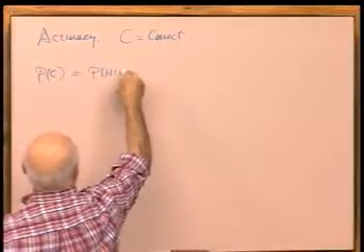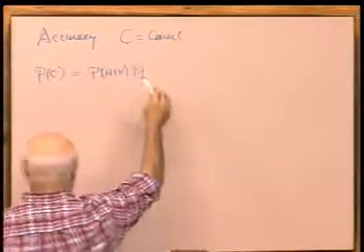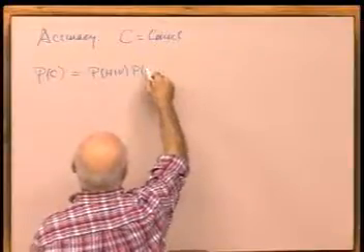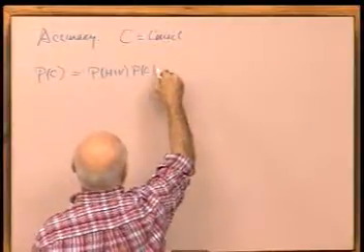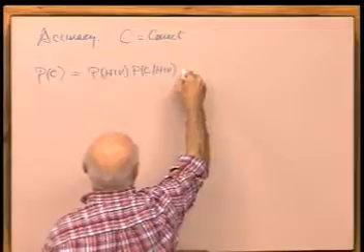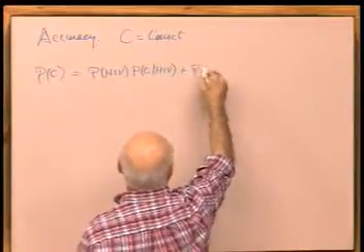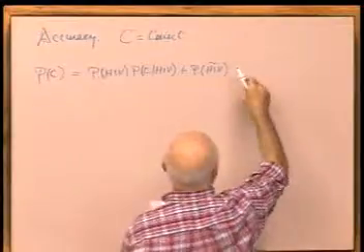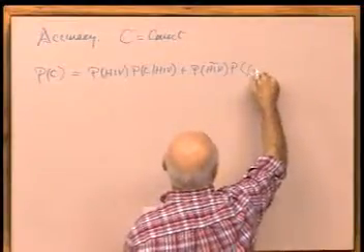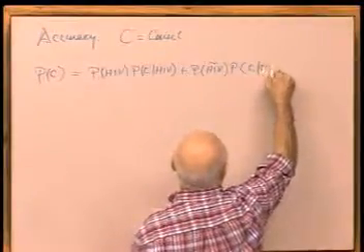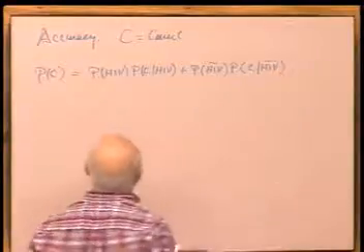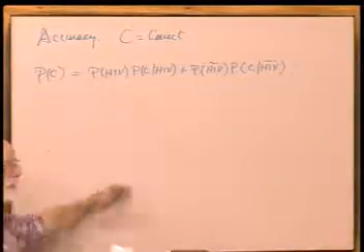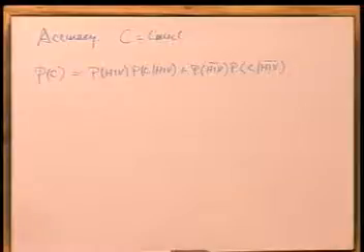So here's the probability of HIV, and I'll multiply this by the probability that the test gives the correct result if you have HIV, plus the probability that you do not have HIV, times the probability that the test gives a correct result if you do not have HIV. So I plug the numbers into this, and that's going to tell me how accurate the test is.